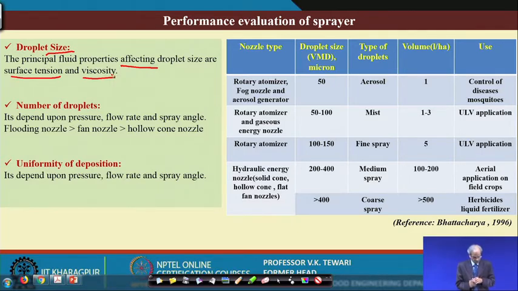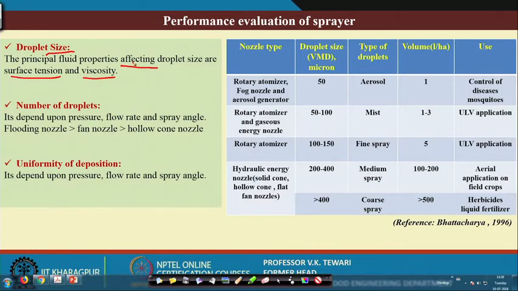Now, when you talk of the number of droplets, we have an idea about the droplet size, with the principal fluid properties being surface tension and viscosity. When you talk of the number of droplets, what sort of droplets are required, whether a large volume of droplets of a particular type is required or not, and what their sizes will be, depends upon the type of nozzle that you have used.